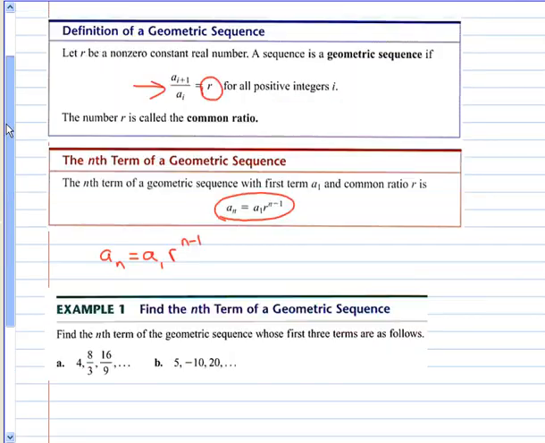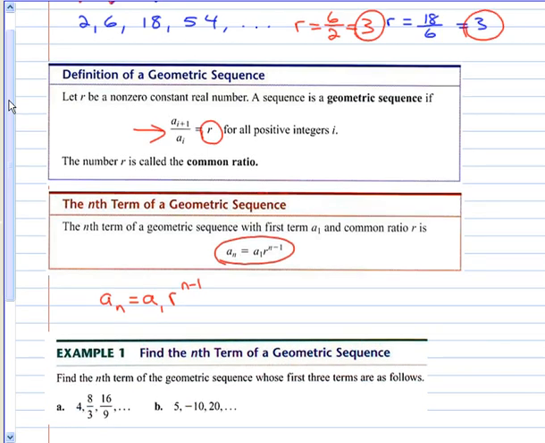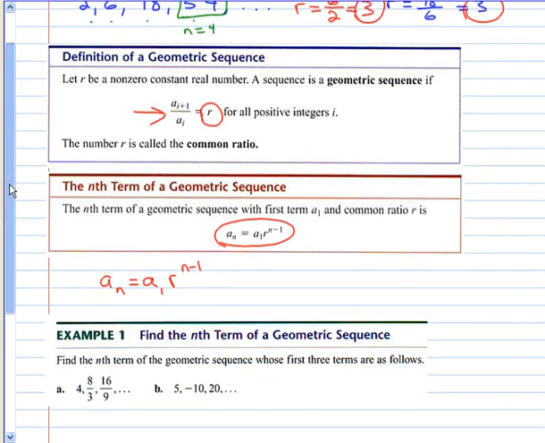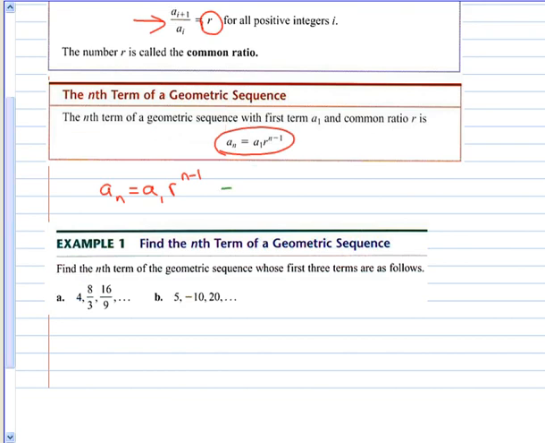If I use these values up here, let's see if we can generate this number 54 using that equation. Well, that happens to be the fourth term. n would equal 4. 1, 2, 3, 4. So if I use n equals 4 in this formula, let's see if we can get that fourth term. So a sub 4, the fourth term, would be a sub 1, our first term.